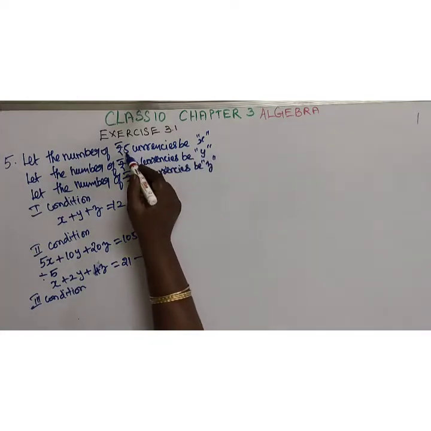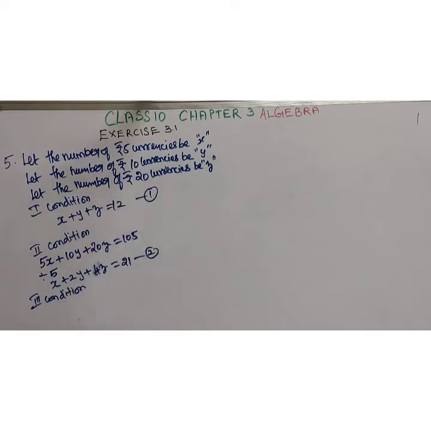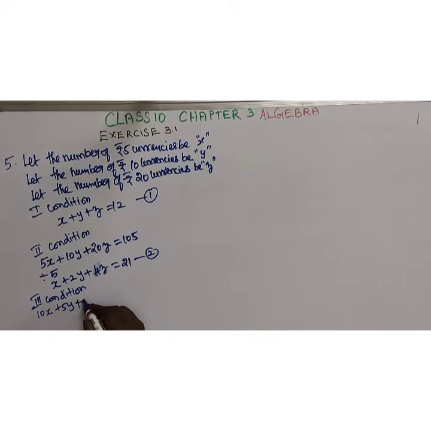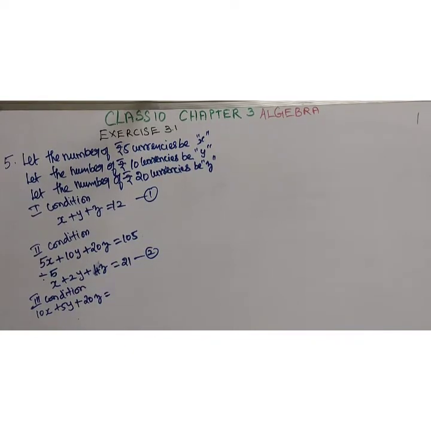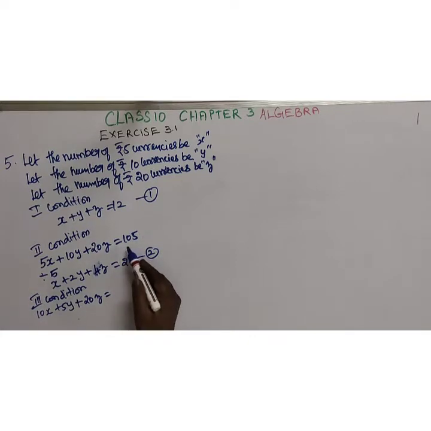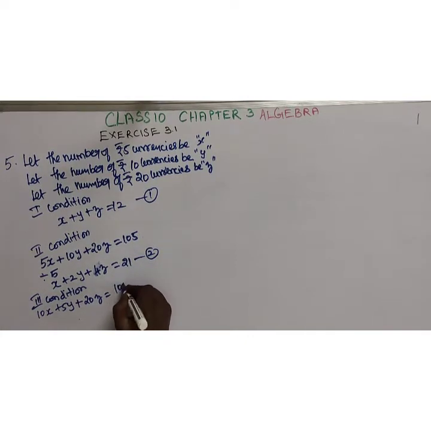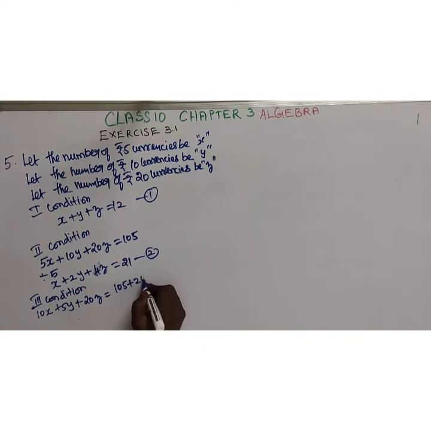So 10X plus 5Y, if their numbers are interchanged, but the rupees 20 currencies number is not changed. So have that as 20Z as such. If interchanged, then the value will be increased by 20. Already the total value is 105. It will be increased by 20. So that is 125.